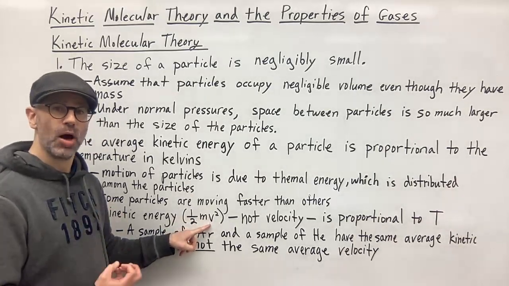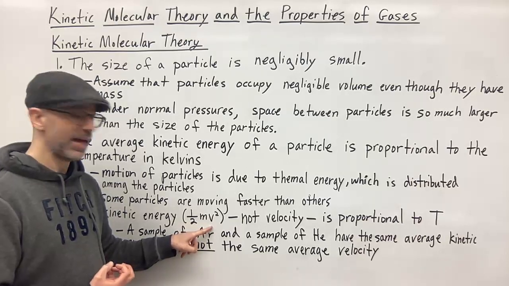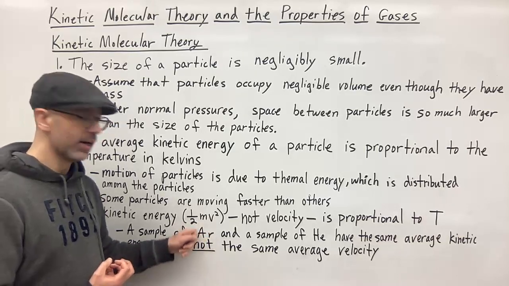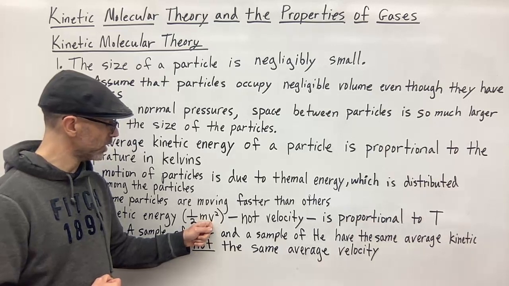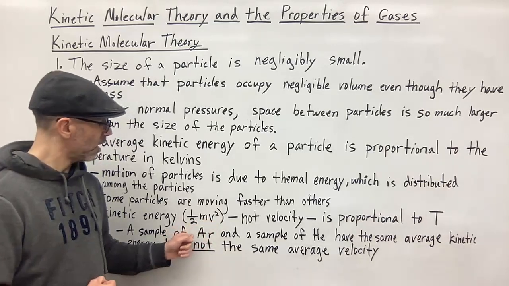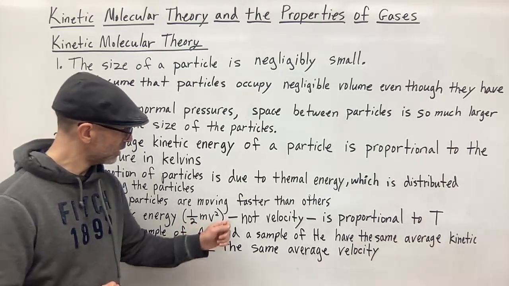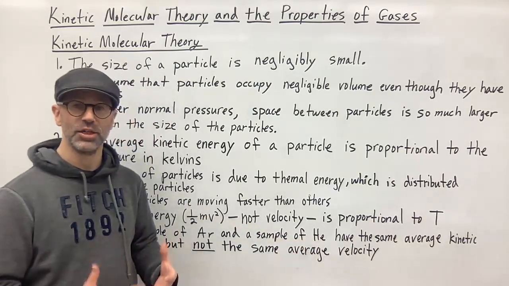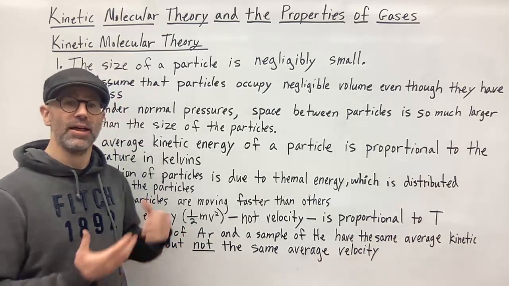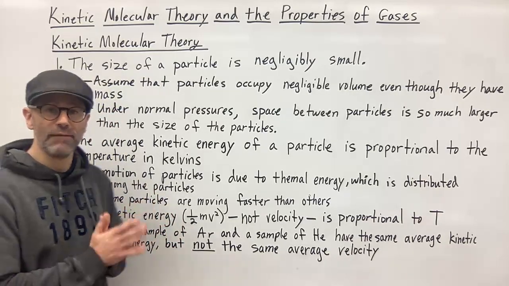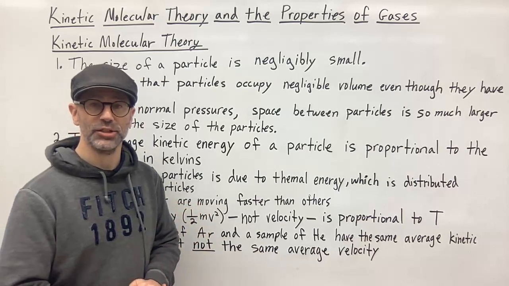Helium is a smaller particle, so to have the same kinetic energy as the massive argon, it's going to have to move faster because we're multiplying mass times the velocity squared, right? So argon is going to have a slower average velocity, and helium is going to have a faster average velocity. Their velocities are not going to be the same. So average velocity is not going to be proportional to temperature, but average kinetic energy is.